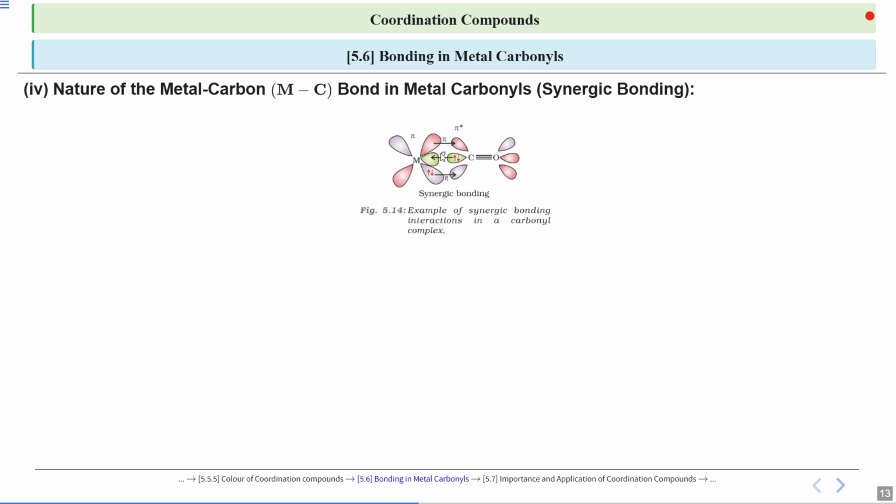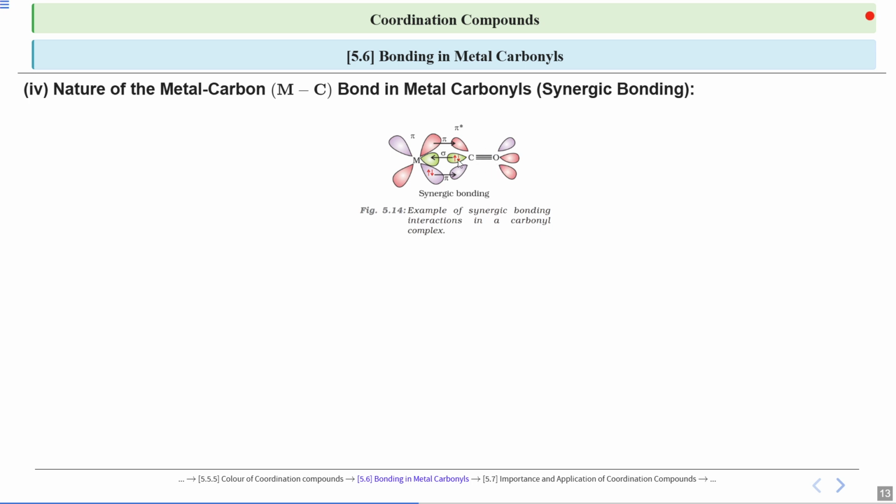This is the diagram, figure 5.14 in our NCERT textbook, which shows an example of synergic bonding interactions in a carbonyl complex. You can see this is a metal, this is a carbonyl ligand, and this is how the bonding forms. The metal has vacant d orbitals arranged in a particular geometry. Carbonyl also has its particular orbitals.